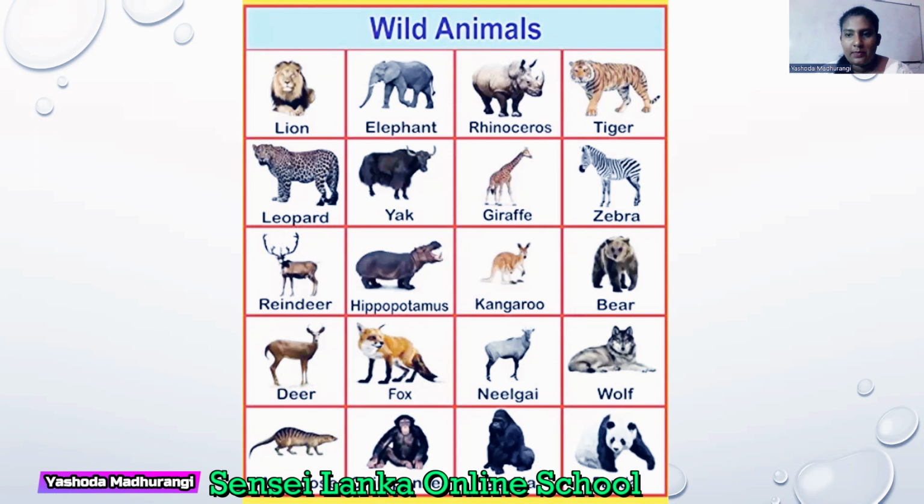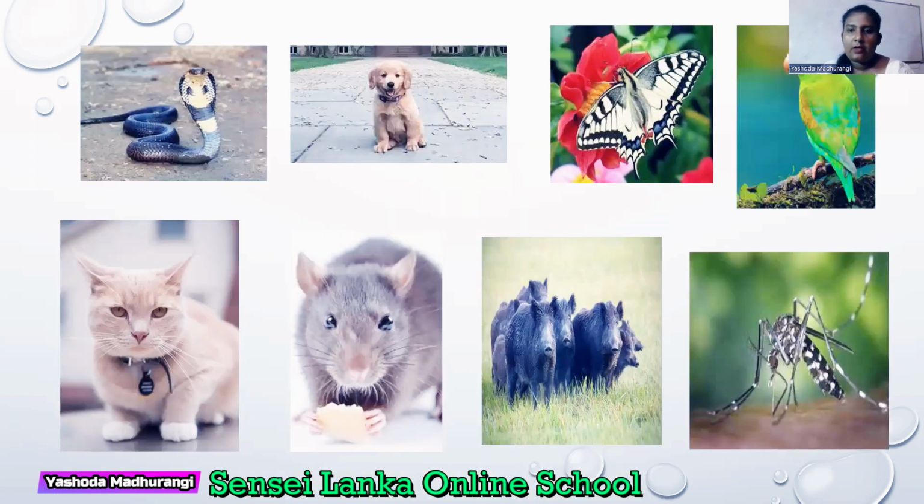They are wild animals. We can see them in the forest. But they are also important for our environment. They add beauty to our environment. They keep the balance in our environment. They are helpful. So we are going to learn about these animals now.